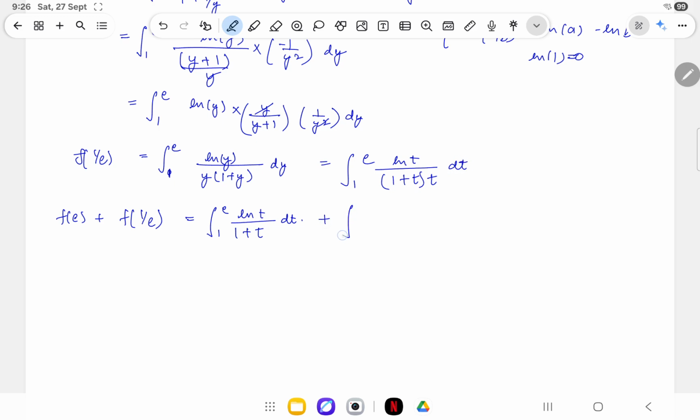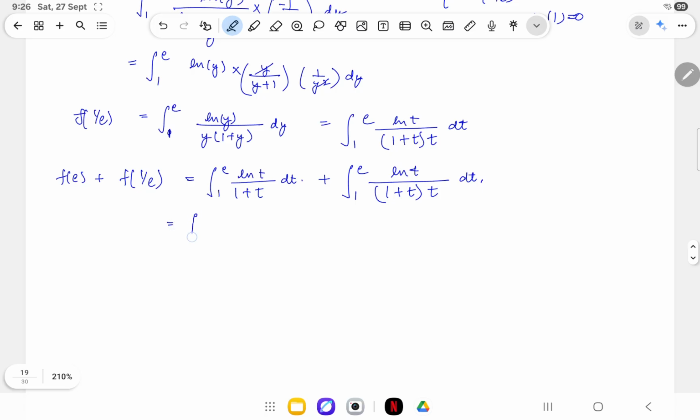So f of 1 by e will be 1 to e of ln t divided by t into 1 plus t dt. Now if I just simplify it, what I can do is write it as ln t by 1 plus t plus ln t by t into 1 plus t dt.